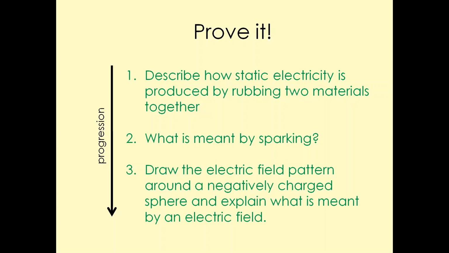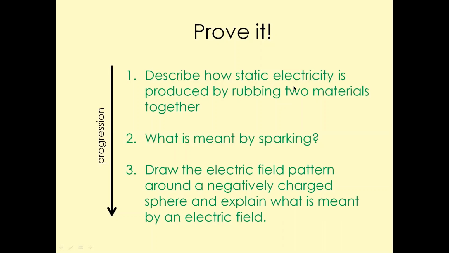And when that transfer happens, the spark is generated. And the last one: draw the electric field patterns or electric field lines around a negatively charged object or sphere. If it is negatively charged, remember the direction would be inwards. And explain what is meant by an electric field.